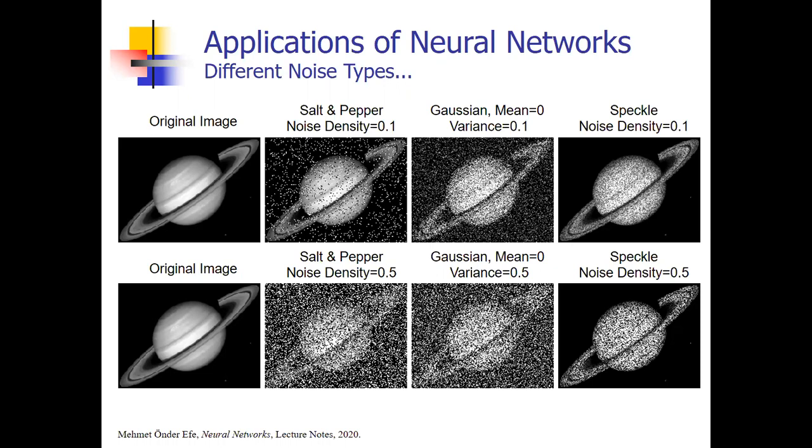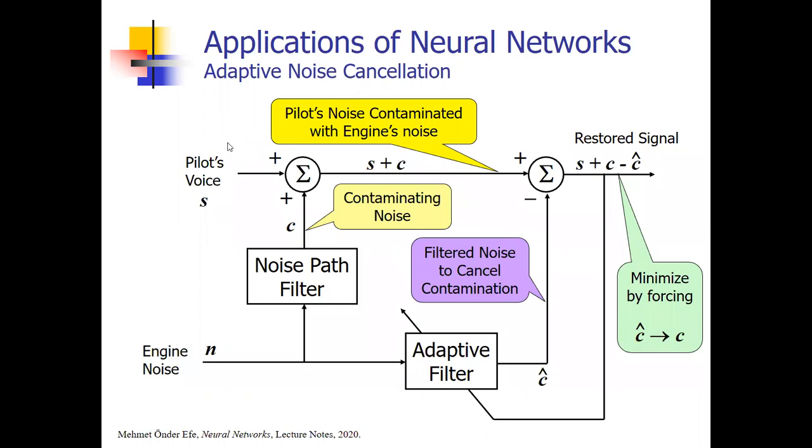And on the right-hand side, you see the speckle type of noise. There are different noises, and you may have to develop your own filter, which is specific to the given noise observations.